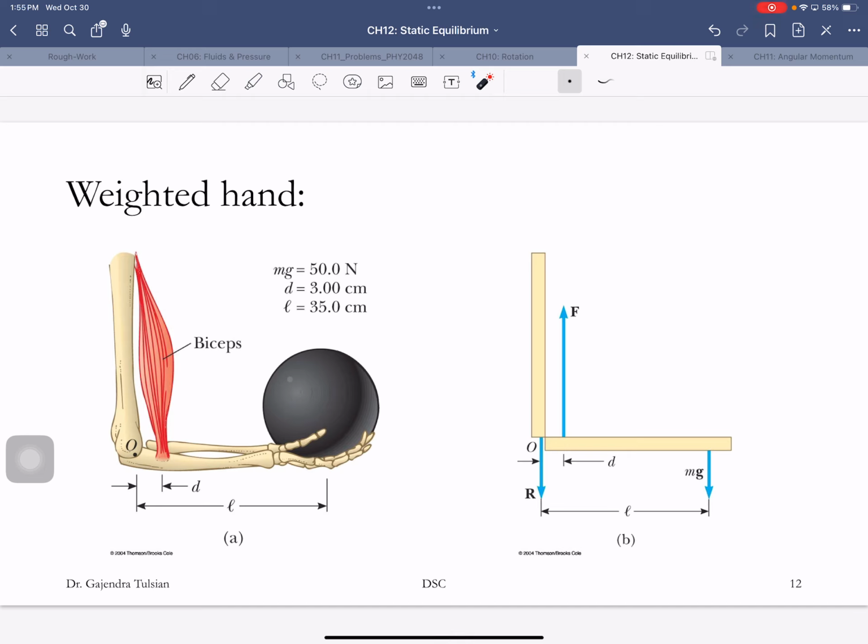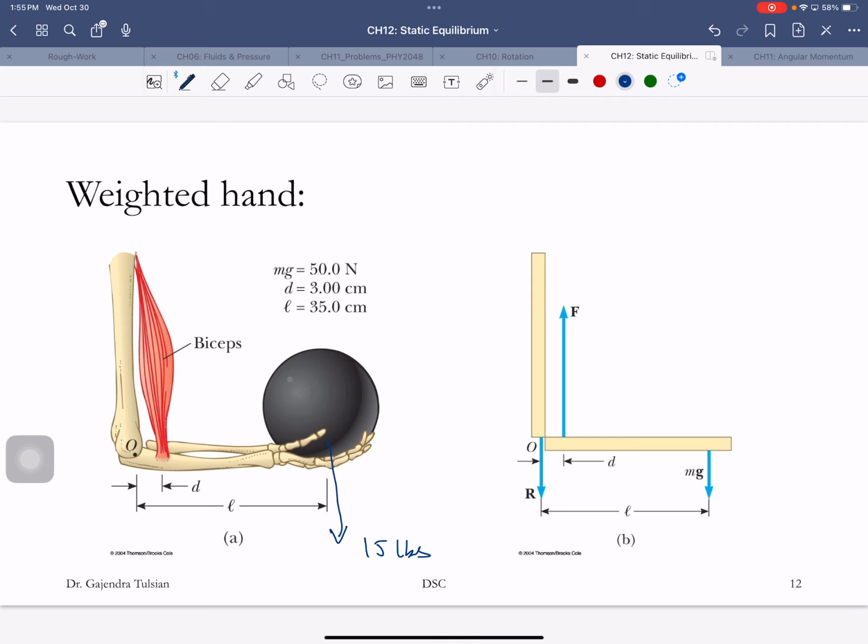Okay, so let me show you something interesting about this. Here's your arm. Let's say you're holding a bowling ball. How much does a bowling ball weigh? 15 pounds, okay. So let's say 15 pounds. Now I'm going to guess some numbers.